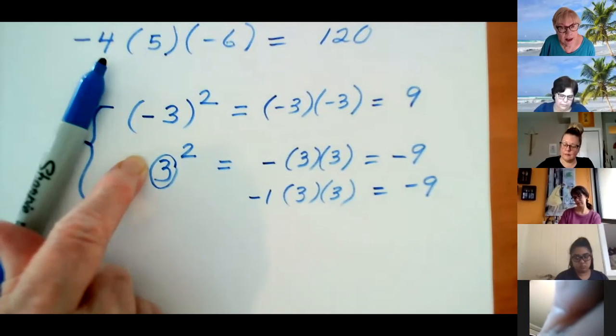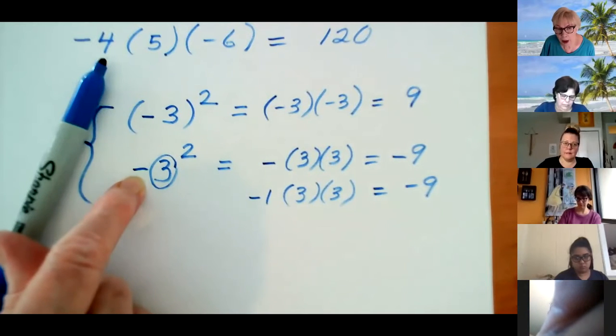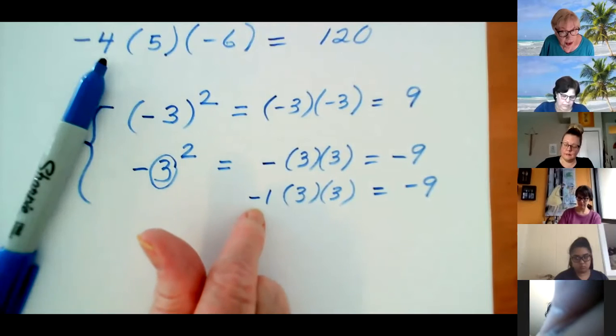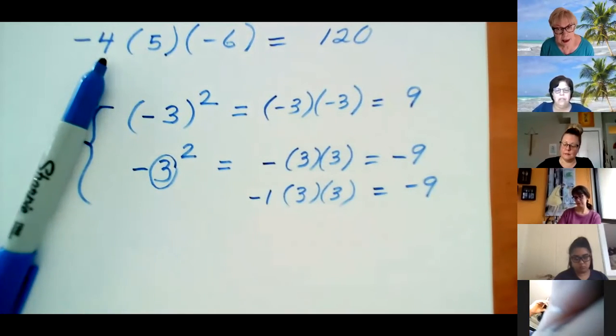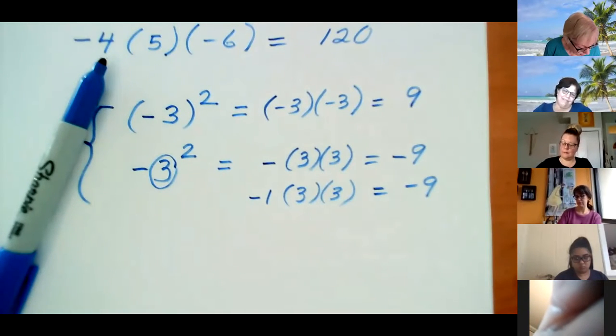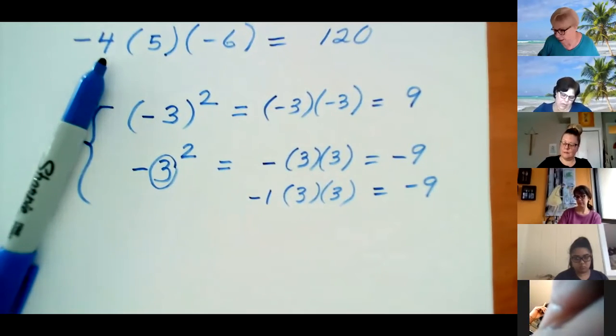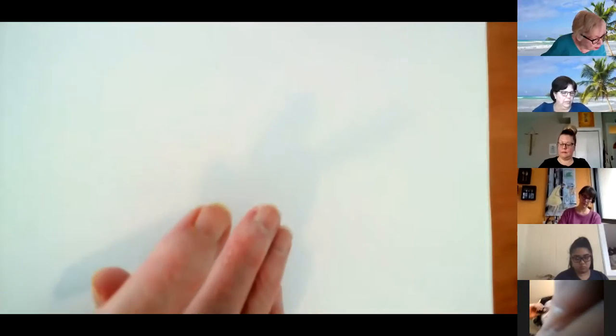The squaring is done first. So 3 times 3 is 9. At that point, you apply the negative, and you can think of it as a -1 or just a negative. No matter how you slice it, it's -9. This will keep coming up, and I did see a few problems like that. I'll try to slip one in a little bit later in the class.